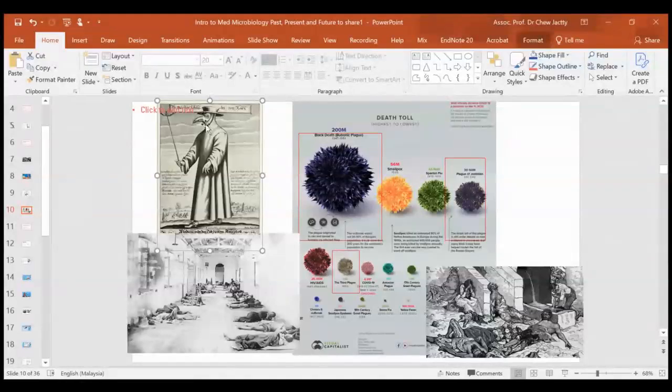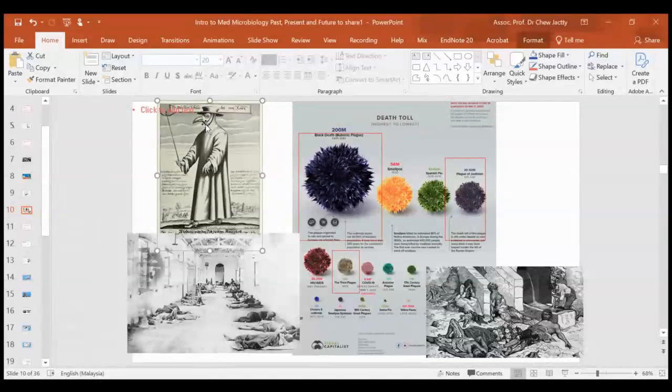So they were partially right, not 100% correct, but from what happened in history, you can see the evolution of the health system and how scientists worked their way to identify what causes infection. And also during the Black Death, the practice of quarantine was first coined.